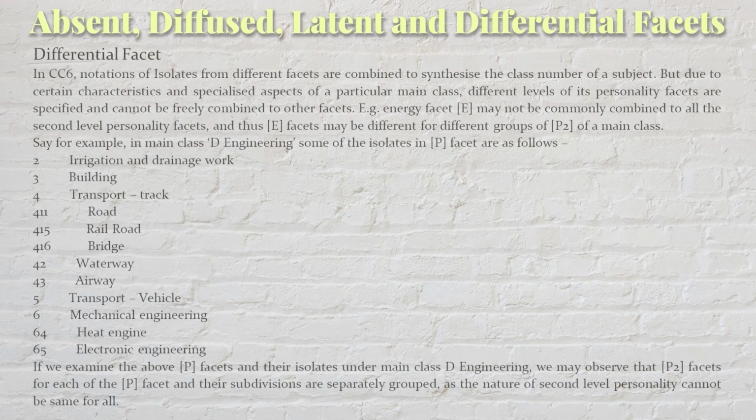So, for example, in the main class D engineering, some of the isolates in personality facets are irrigation and drainage work, building, transport, then transport track, and then transport vehicle, mechanical engineering, heat engine, electronic engineering.